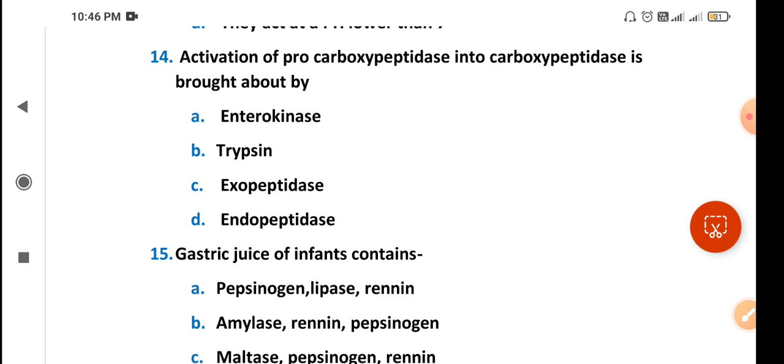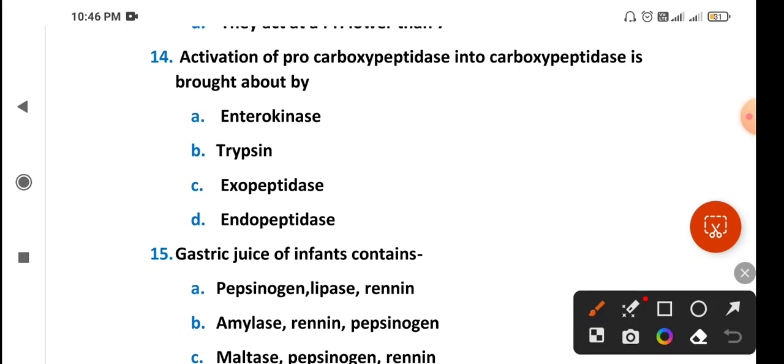Actually, enterokinase activates the trypsinogen into trypsin, and then trypsin, after activation, activates procarboxypeptidase enzyme into carboxypeptidase. So the answer will be B option, trypsin.